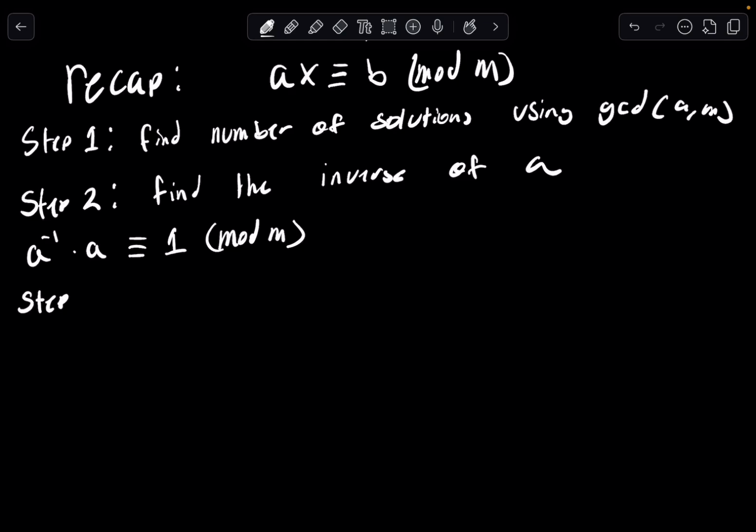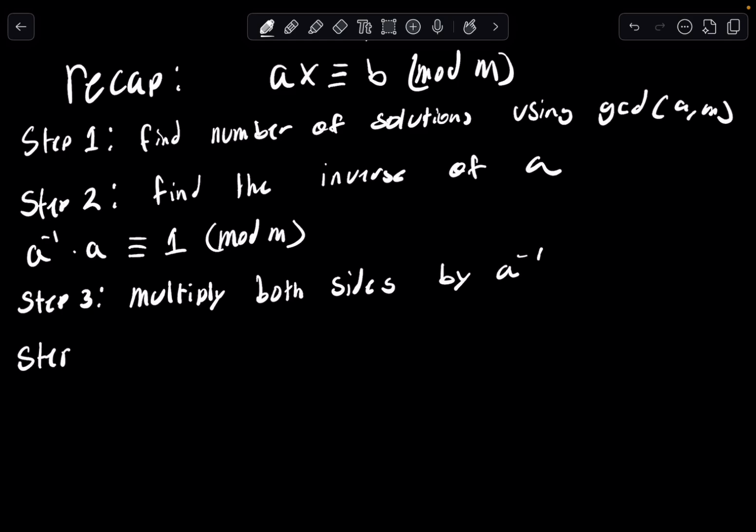Step 3, multiply both sides by the modular inverse. Because like I just said, this will help reduce it, and then we'll have a clean B value, or I guess B times the inverse, to work with that we can then reduce.